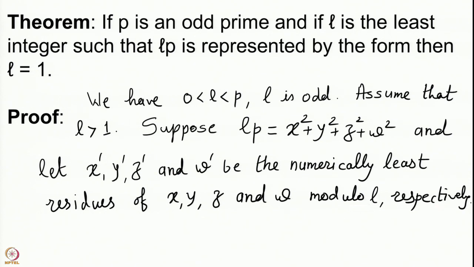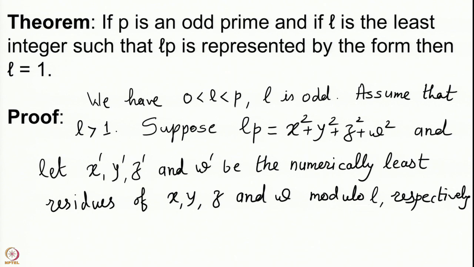What do I mean by respectively? Respectively would mean that x prime is the numerically least residue of x, y prime is the numerically least residue of y, z prime is the numerically least residue of z and w prime is the numerically least residue of w. This is what we mean.